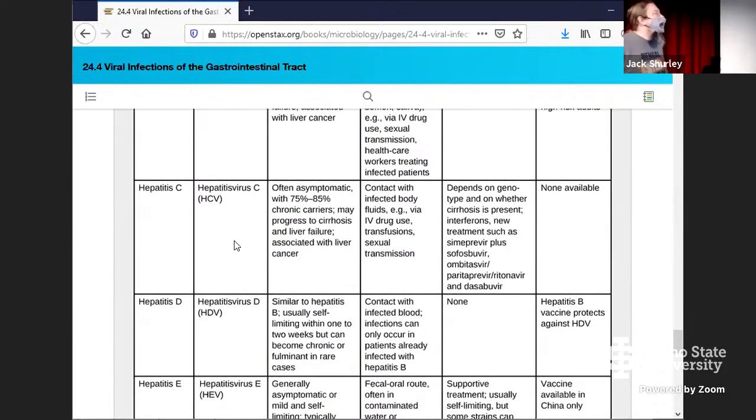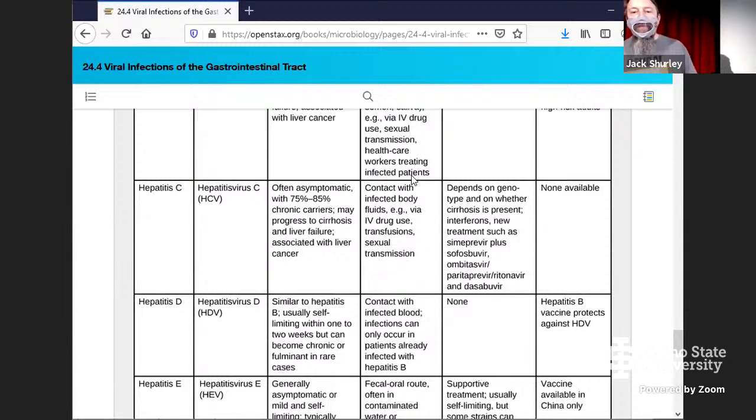Hepatitis C is another one that's commonly asymptomatic, 75 to 85%. We can see people being chronic carriers, and like B, it has the potential to progress to cirrhosis and liver failure, also cancer.